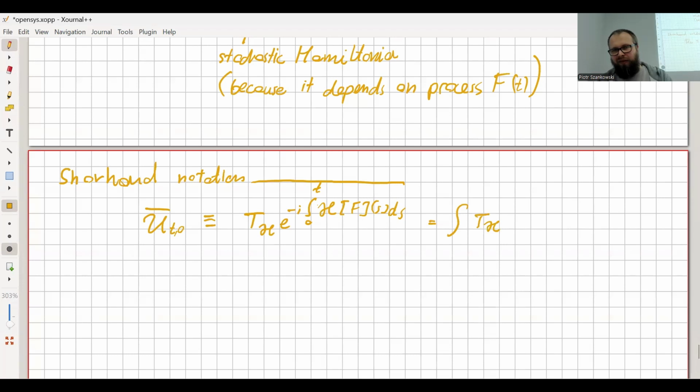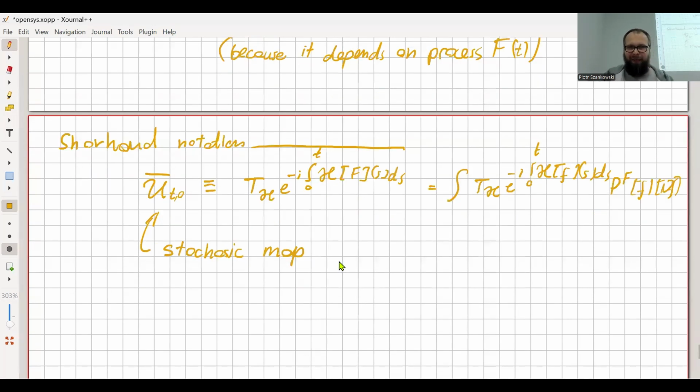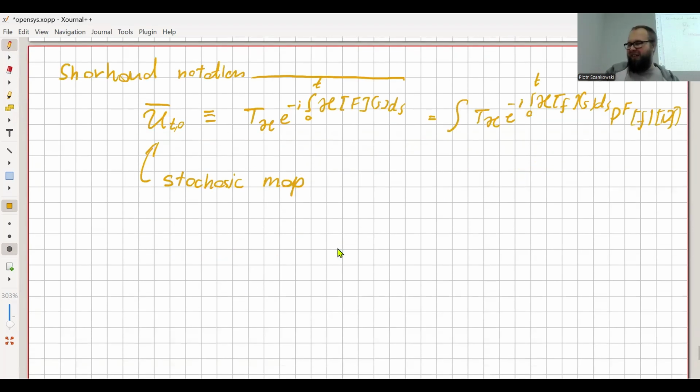Or if you want the full form, the average over P[f] of the time-ordered exponential of H_f(s), dF. I will call this a stochastic map. We had a unitary map, now this will be a stochastic map, although after everything is averaged, it's just an operator, no longer a stochastic variable or process, but that's the name.